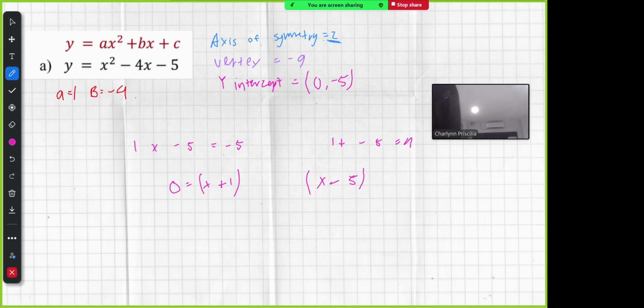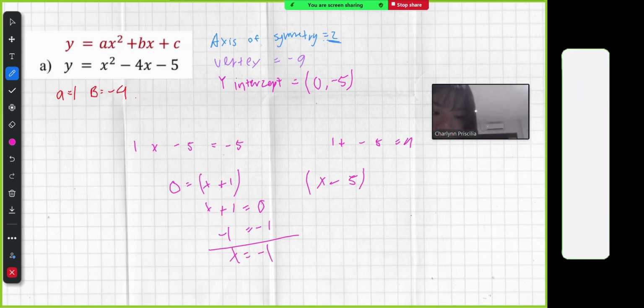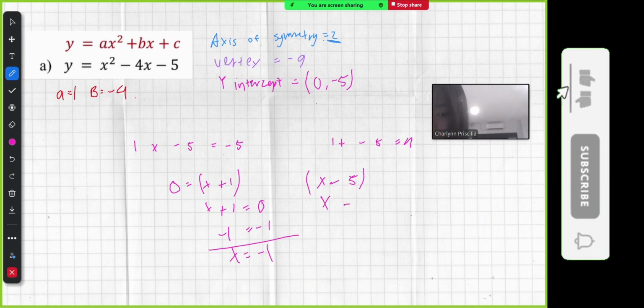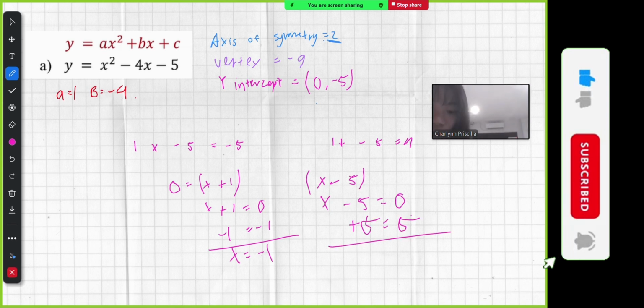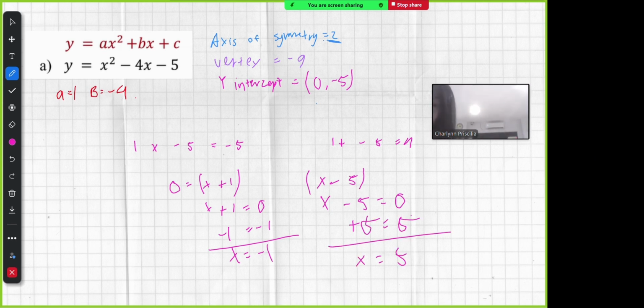How to solve this: x plus 1 equals 0, so we just minus 1 because it's plus 1 here, and it also has to be minus 1 on the other side, so x will be negative 1. For this side it's the same: x minus 5 equals 0, right? So we just plus 5, so x equals 5.